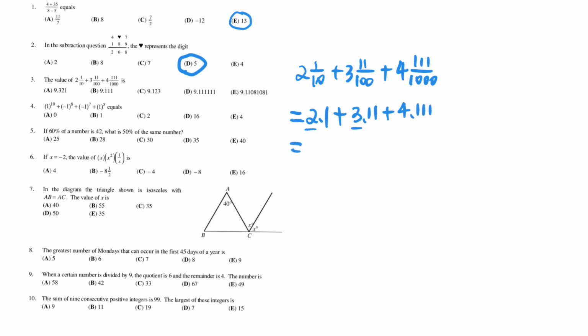Add the integer parts together, that gives us 9. The tenths digit: 1, 1, 1 gives us 3. The hundredths digit: 1 and another 1, that's 2. The thousandths digit is just the last number, 1. So the answer is 9.321. It would be A.